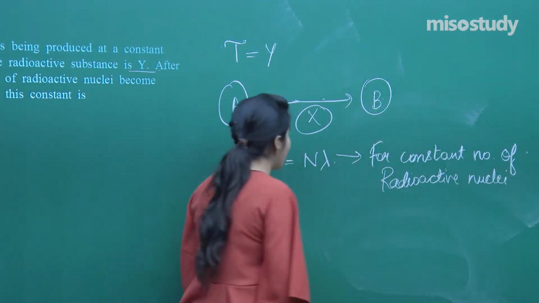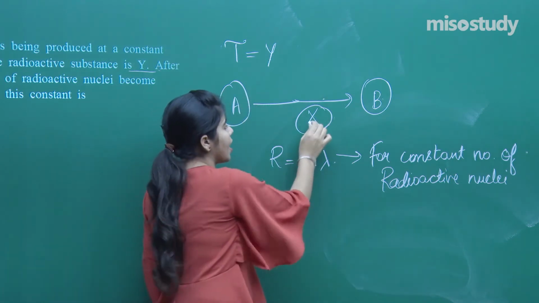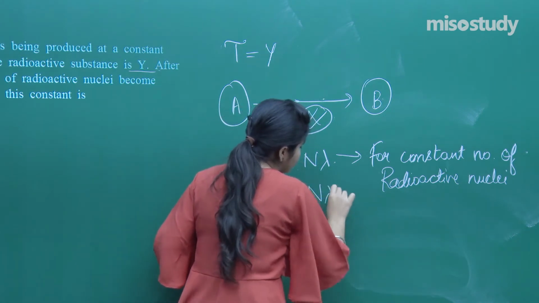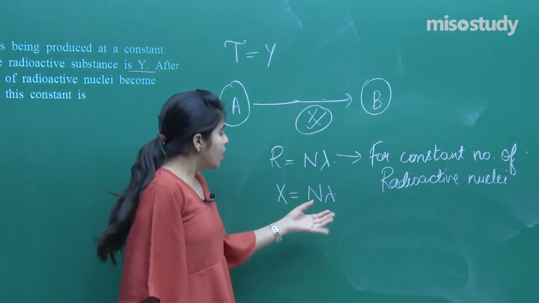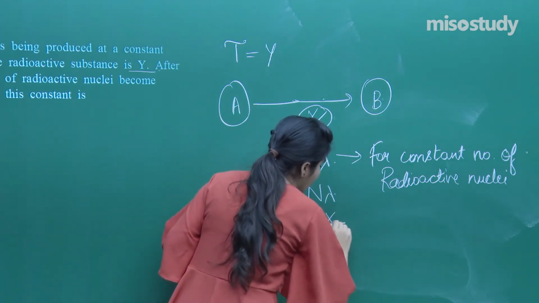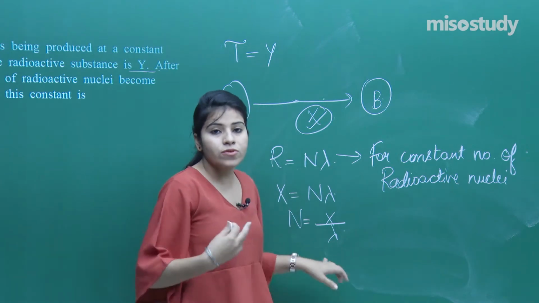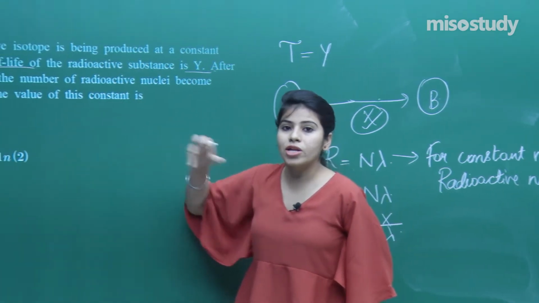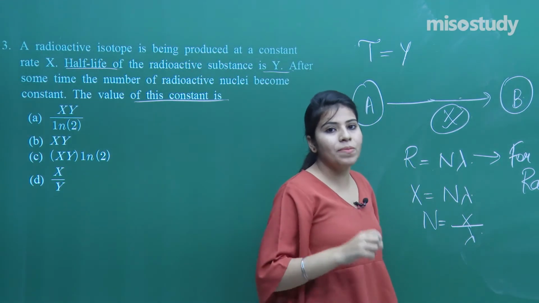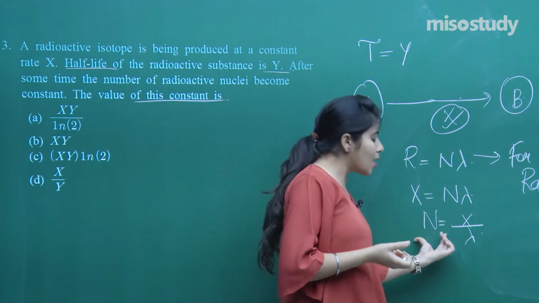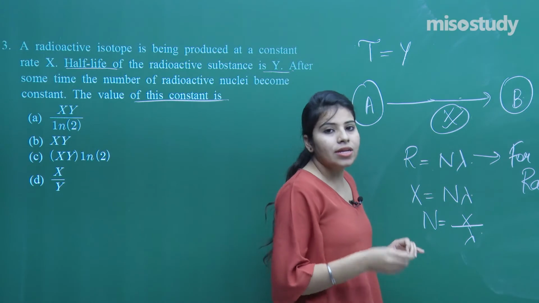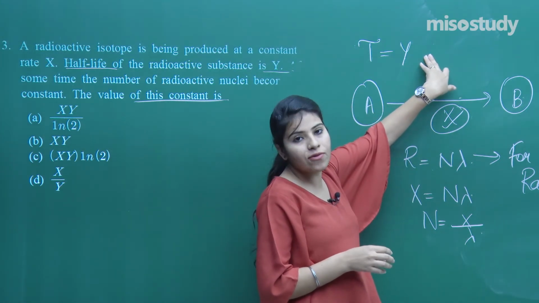In the question we have been given R is nothing but x, the activity is x. So x equals N lambda. Now from here you can see that N is nothing but x upon lambda. What do we have to find in the question? The value of the constant. So to find this value, we are finding the number of atoms that are constant over here. So x by lambda.